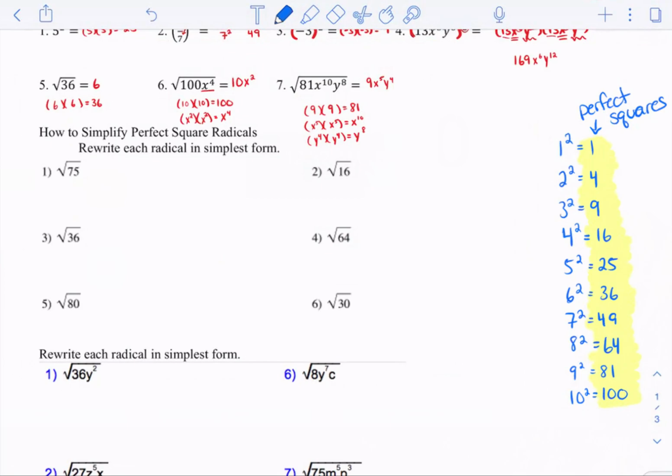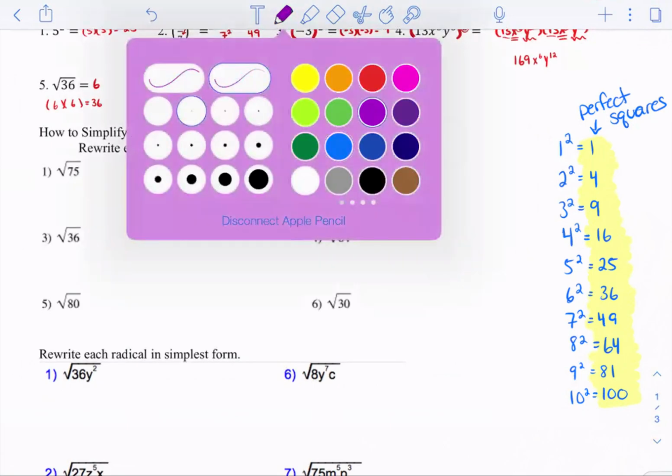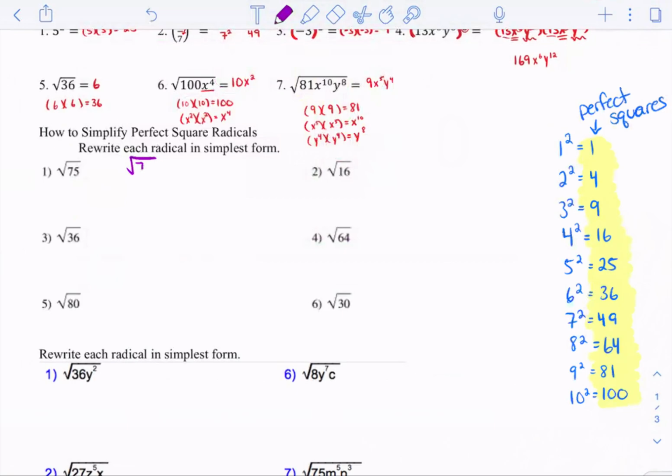So take a look at this first example right here. I have the square root of 75. 75 is not one of those numbers, so it is not a perfect square. But I do need to find the largest perfect square that goes into 75.